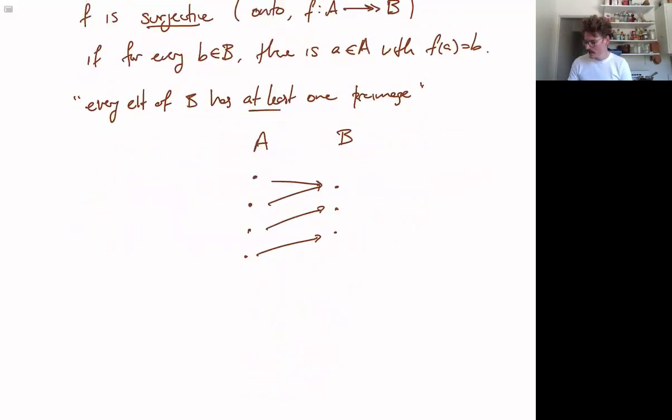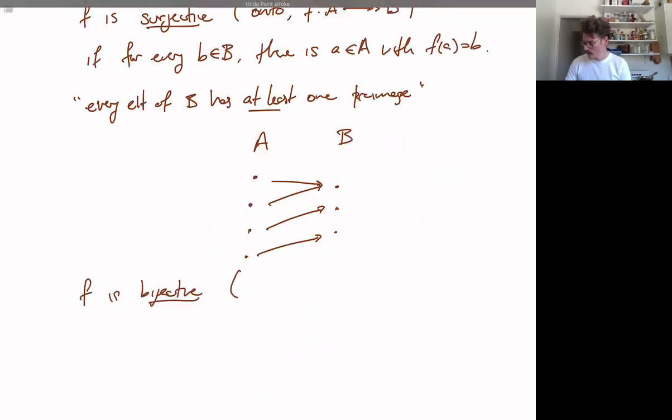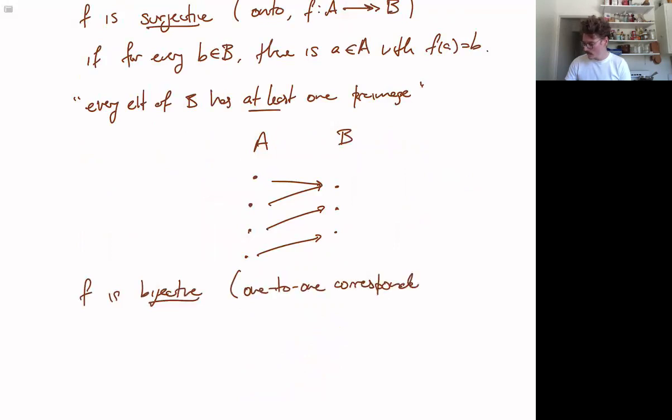And finally, F is bijective, aka one-to-one correspondence. It can be denoted by either an arrow with a squiggly on top of it, or a double-sided arrow.